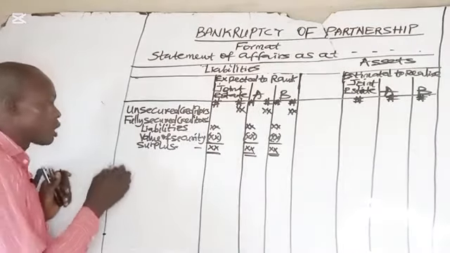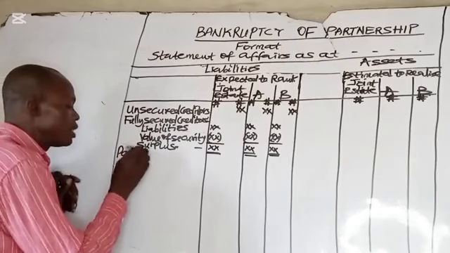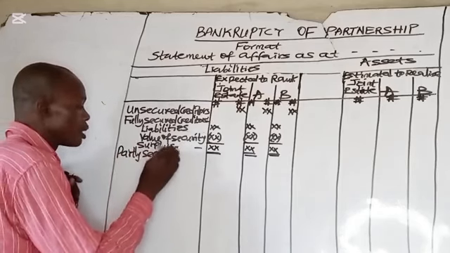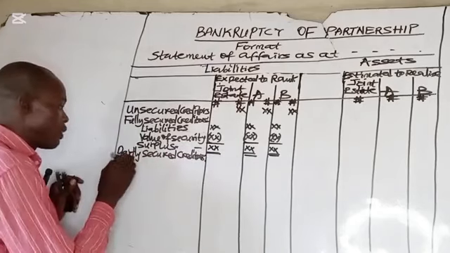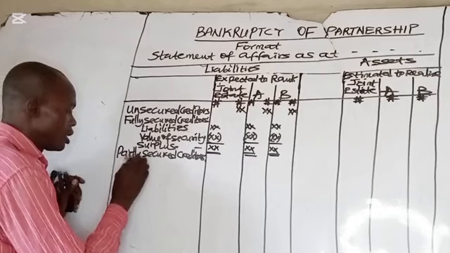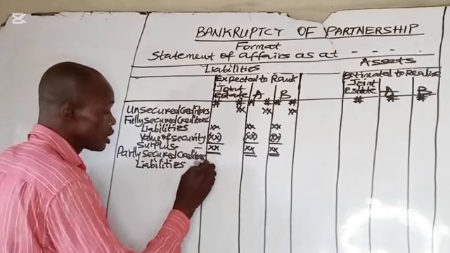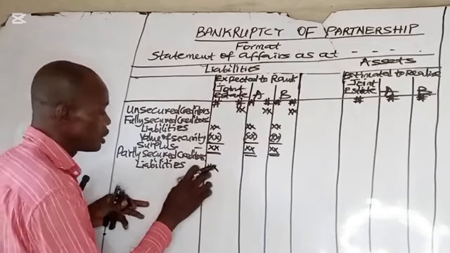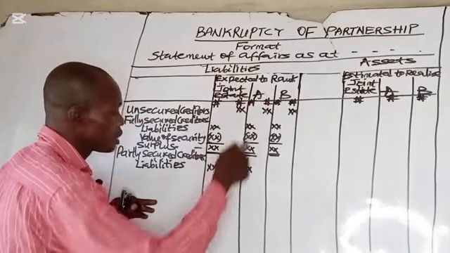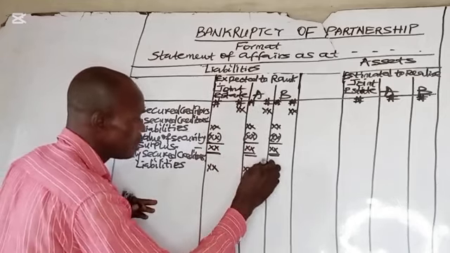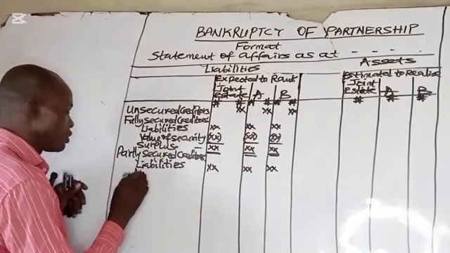After fully secured creditors, we have partly secured creditors. The value of liabilities with partly secured creditors, if joint estate has, you put it under the first naira. Then if A has, you put it under the first naira in column A. Same for B. Then value of security.